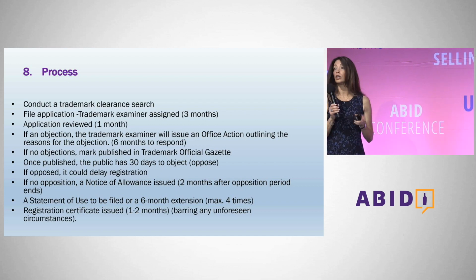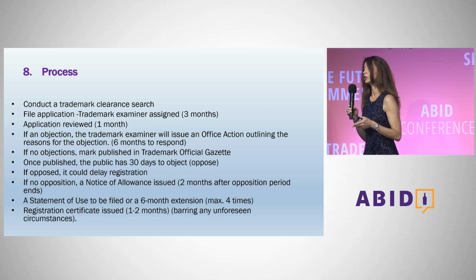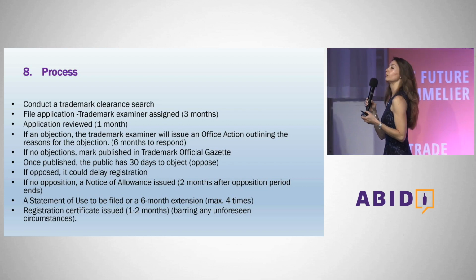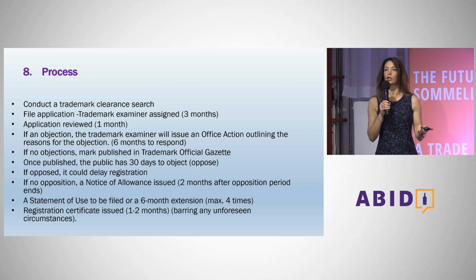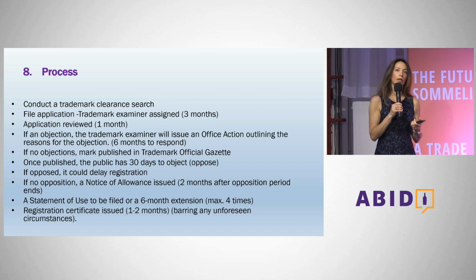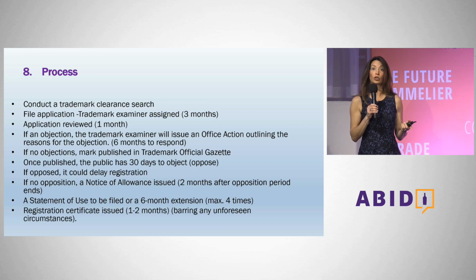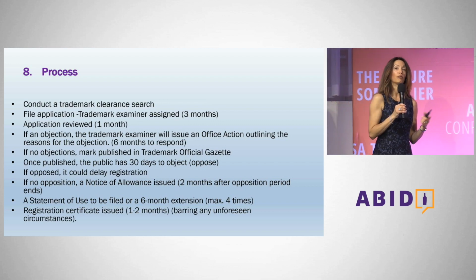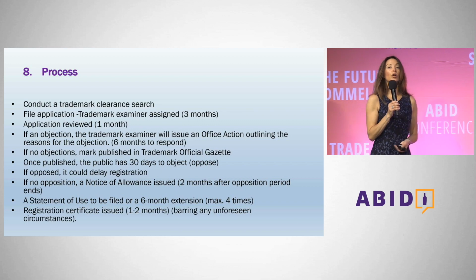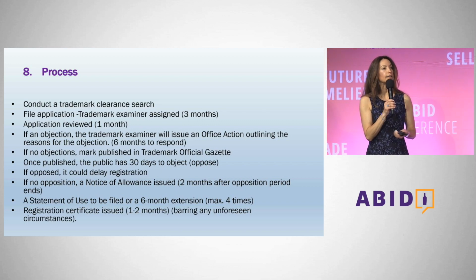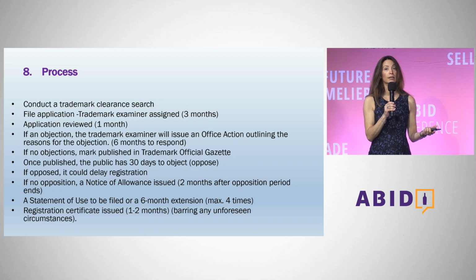So the first thing you want to do is conduct a clearance search. That's something you can do, or your attorney can do, where you go to the USPTO database, conduct a search, and see what has been registered federally. You can also go to the state database and see what registrations have been filed in particular states, as well as business names, domain names.